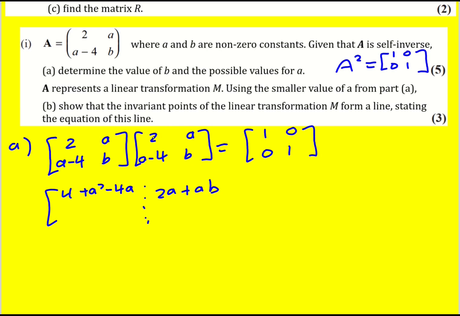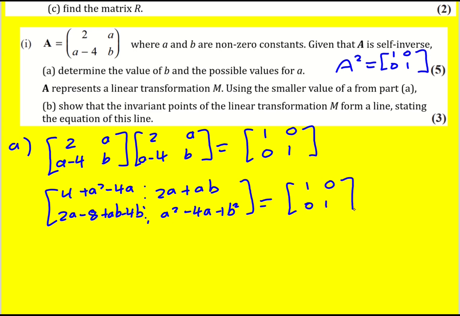And then 2a minus 8 plus ba minus 4b. Then a squared minus 4a plus b squared. Okay, and we want to solve for a and b.